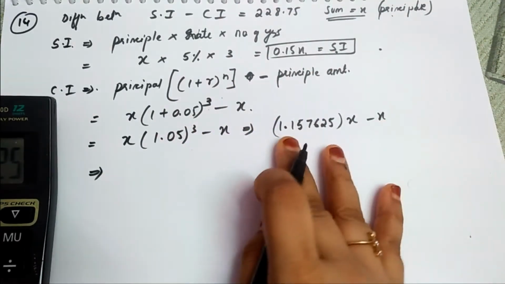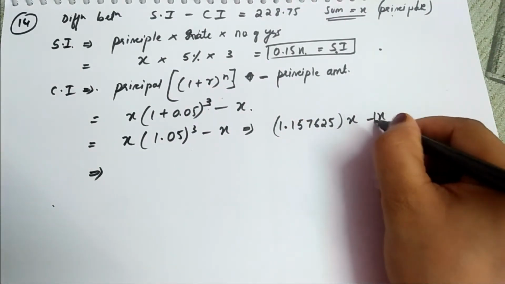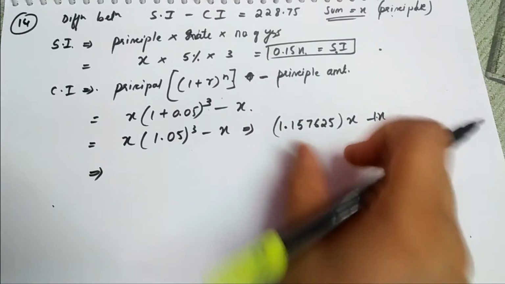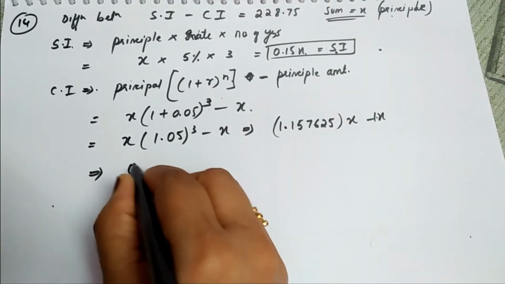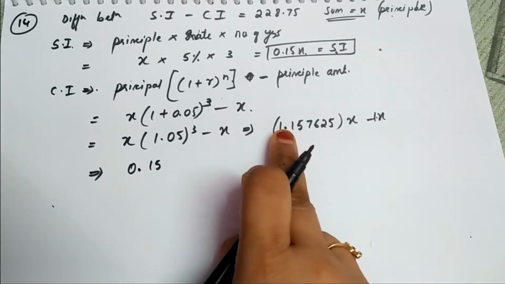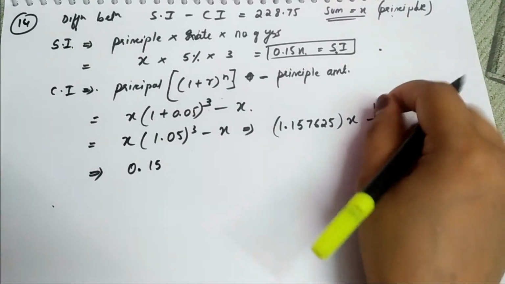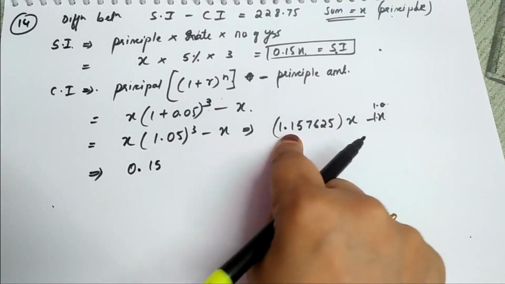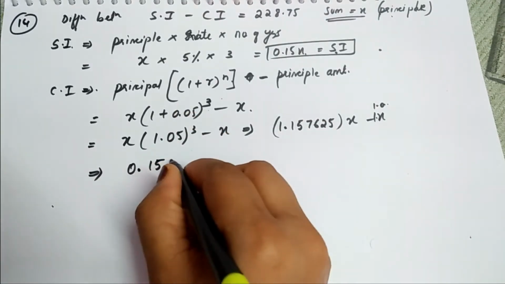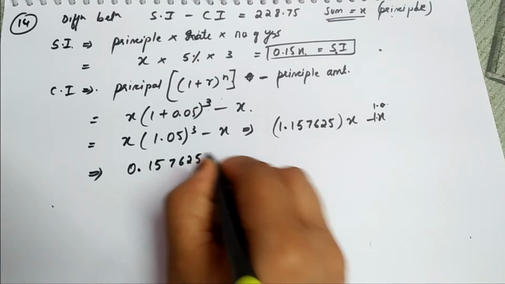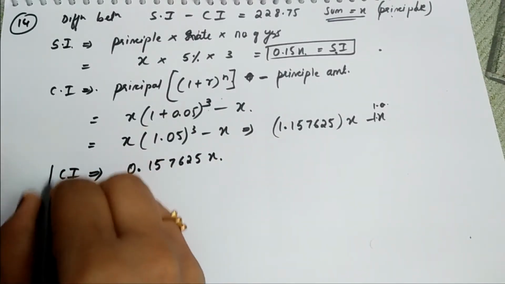Here the x is nothing but 1x, so we remove this 1 from 1.157625, and it becomes 0.157625x. So this is nothing but the compound interest.